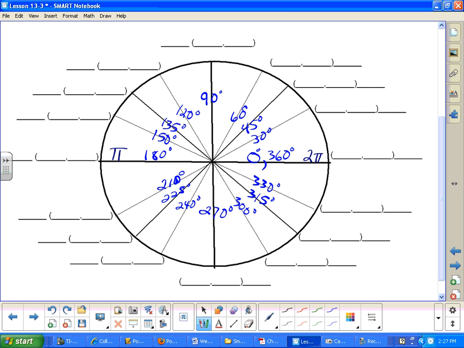So just like we took 180 degrees and divided into 6 parts, we got 30 degrees. What happens when I divide pi into 6 pieces? What do I get? Or if I take 1 and divide it by 6, what do I get? 1/6. 1 divided by 6 is 1/6.